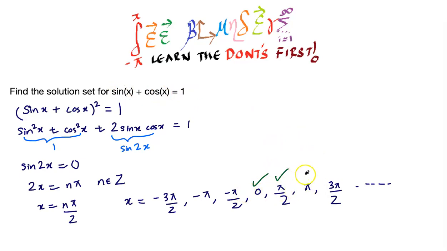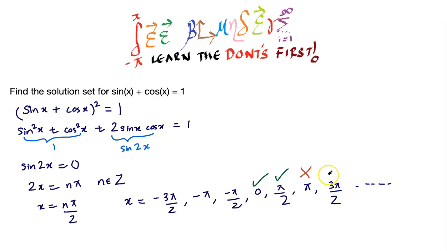So these are correct. Sin pi plus cos pi. Sin pi is 0, cos pi is minus 1. Interesting. This is actually not a solution. And let's try some of the other values as well before we think about why we got this.